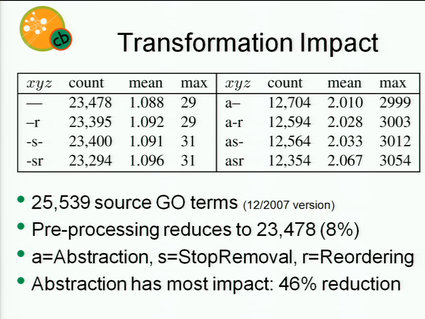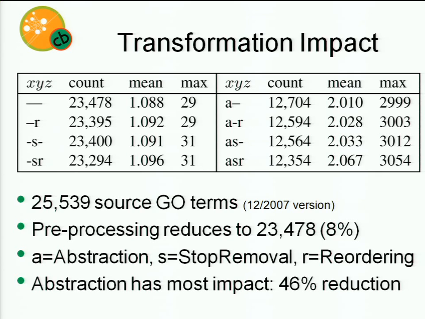There was at least one cluster that had 29 terms in it, because of very minor variations of the term name, of words inside of the term. Once we apply the abstraction step, the number of clusters is basically halved. Abstraction alone reduces the number of clusters from 23,000 to 12,000. And we end up with one very large cluster, which has almost 3,000 elements in it.